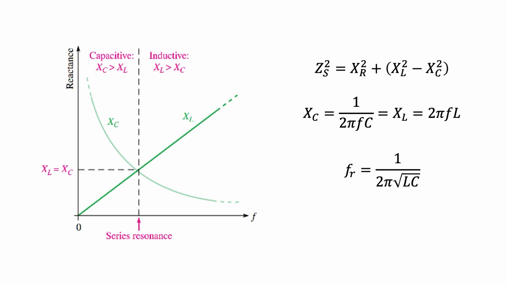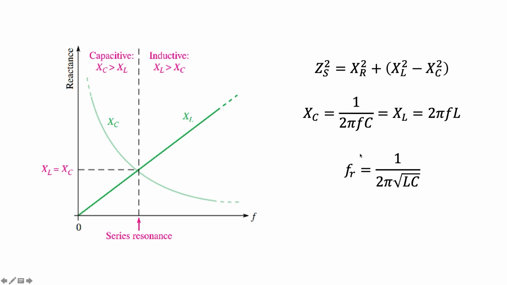At a particular frequency where XC is equal to XL, the circuit is neither capacitive nor inductive, but purely resistive, since XC and XL cancel each other out. The phasor diagram would just be the phasor VR along the real axis, and the phase angle would just be 0. This is the condition for resonance.